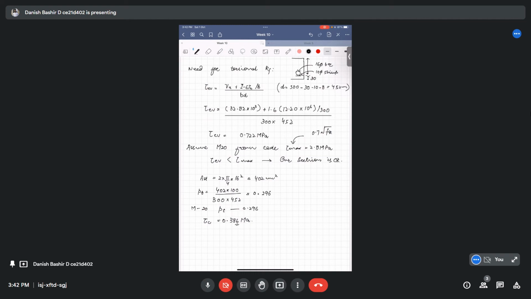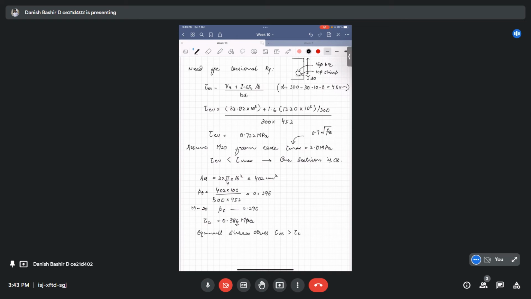Now we will have to check the equivalent shear stress. Tau V equivalent is clearly greater than the shear strength of concrete. Look at tau V equivalent 0.722 megapascal and shear strength of concrete tau C is 0.386 megapascal.